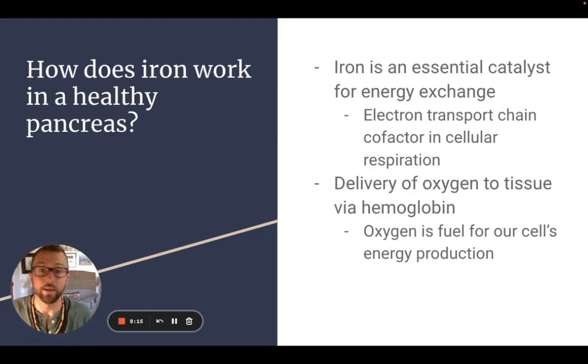Not to mention the fact that iron binds hemoglobin, that's kind of what it's famous for, delivering oxygen to the cells. The oxygen that is delivered to the cells is used in that electron transport chain. So iron is so important. This is not an anti-iron campaign. This is restoring balance so that iron can be used the way it's supposed to.